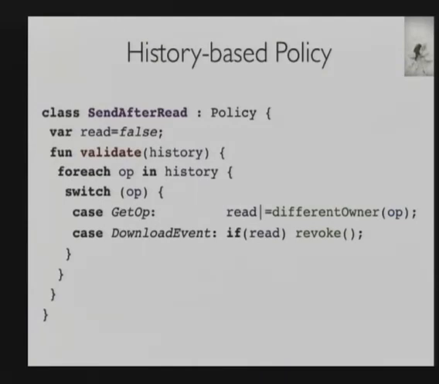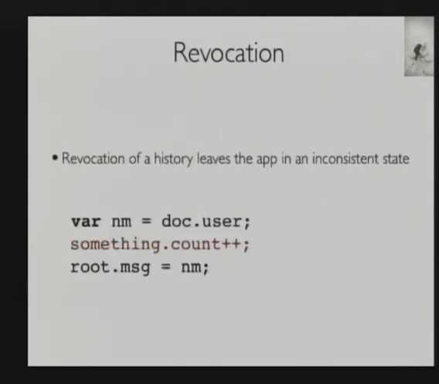And we say revoke because it turns out that you don't want just to abort the computation, but you want to also undo its effects. So why do we want to undo its effects? Well, look at the previous example.